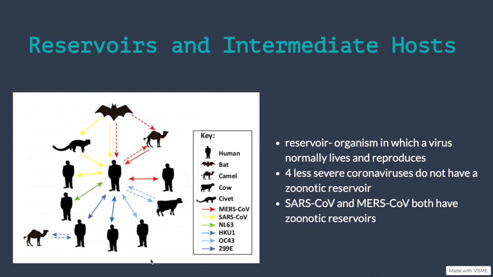And what's common among them is that they are also less severe. So the symptoms of these coronaviruses are similar to having a common cold, so like having a cough, a fever, a sore throat, or a runny nose.